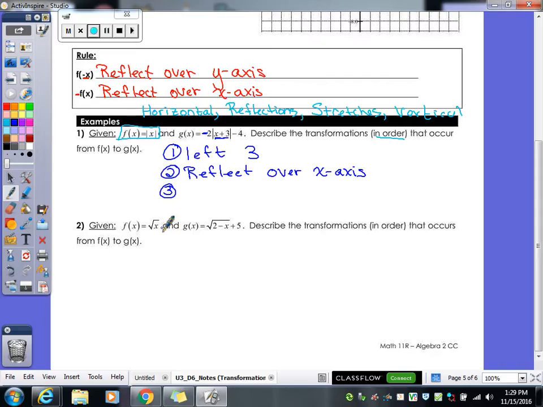Yes, I'm multiplying times a 2. So this is a stretch by a factor of 2. Are we moving up or down? Down 4. There we go.